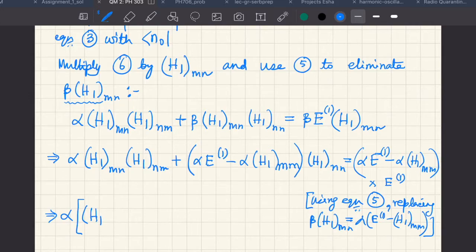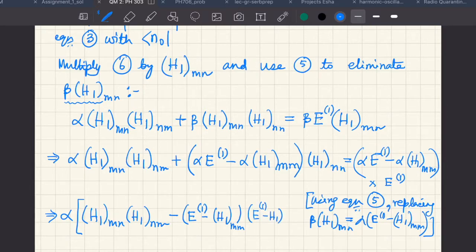Then what will remain is H1 mn H1 nm, and if I take everything to the left hand side, we will have terms like E1 minus H1 mm into E1 minus H1 nn, equal to 0.